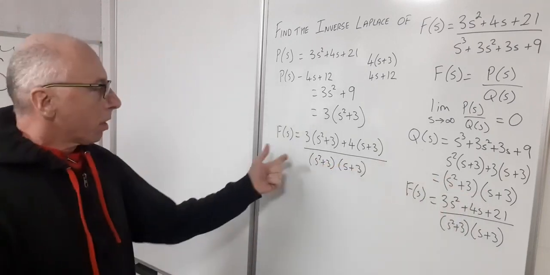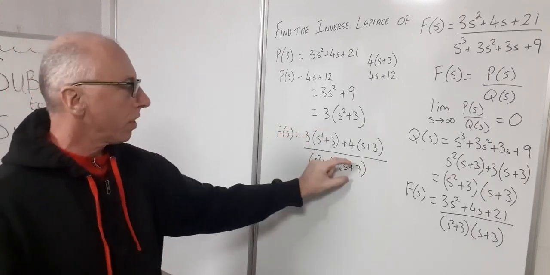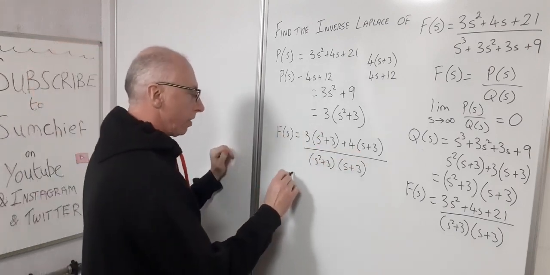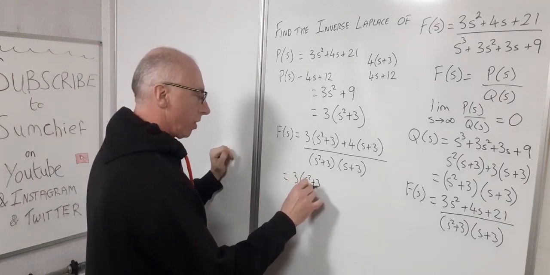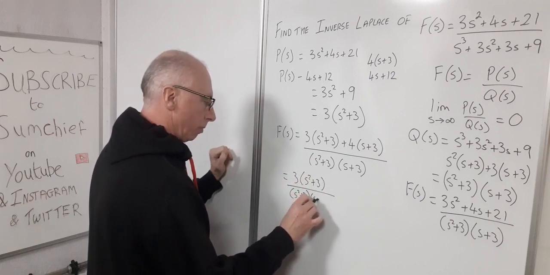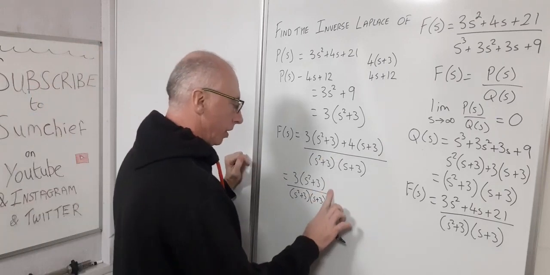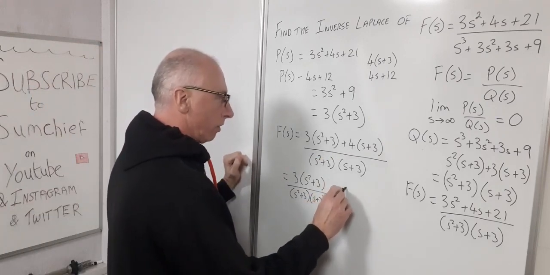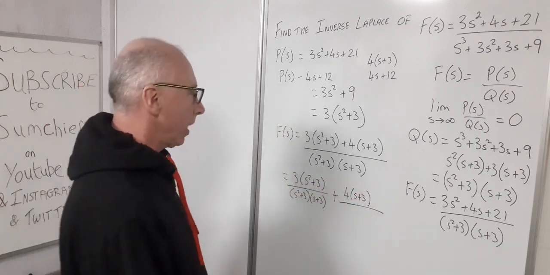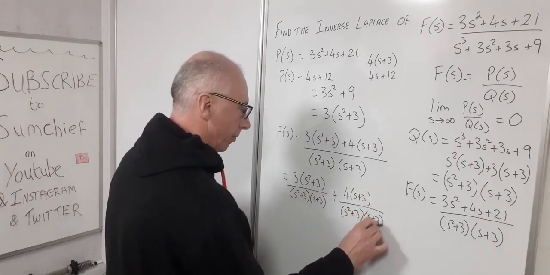So now I can break my fractions apart. I've got this one, my numerator, with this fraction, and then this one with this again. So now I can rewrite this as 3(s² + 3) over (s² + 3)(s + 3), and then add, because I can break it apart as it's in the numerator, 4(s + 3) over my whole denominator again, (s² + 3)(s + 3).